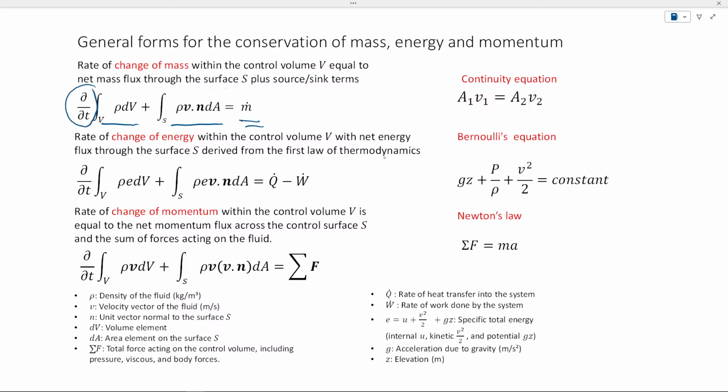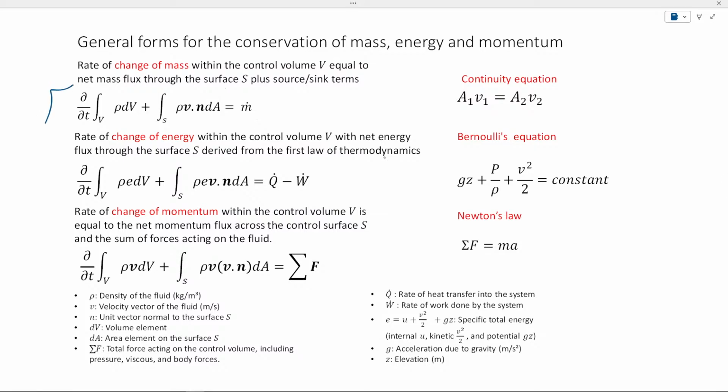And we are monitoring this not only at the boundary but also inside my system, and this is also changing in time. And that is the general form for physics-based modeling.